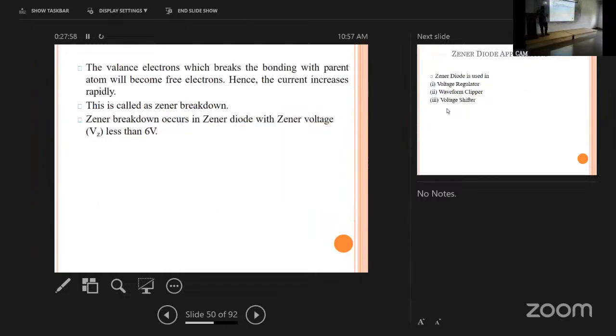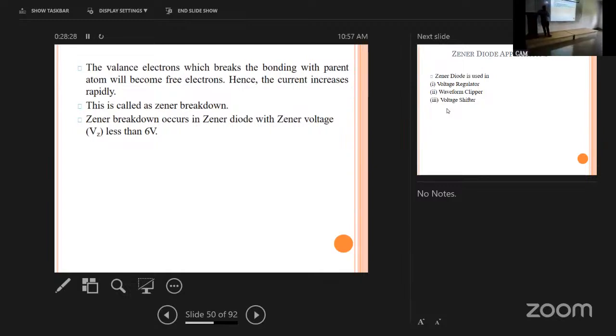Once you see the syllabus, what are the topics we have to cover? Once again, I am repeating what the topics in Part B are.